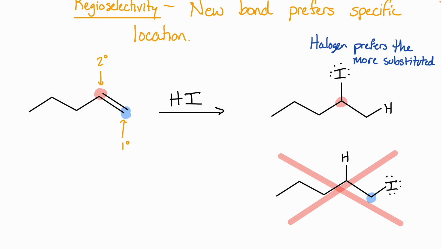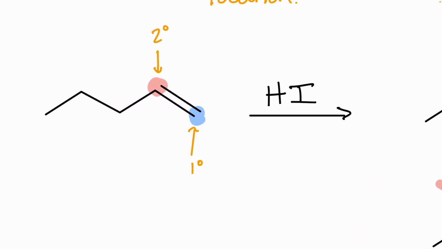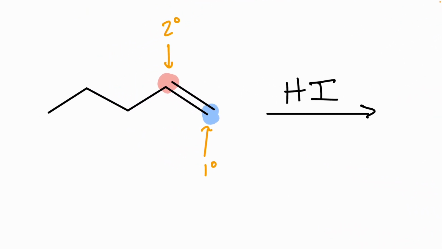That just matters with certain molecules. So we'll stack some examples next to each other so we can see why and when it matters and when it doesn't, all right? Okay, so when I looked at this alkene, I said, all right, one of those carbons is a secondary carbon, the other one's a primary carbon. That means that my halogen is going to prefer that more substituted carbon, right?